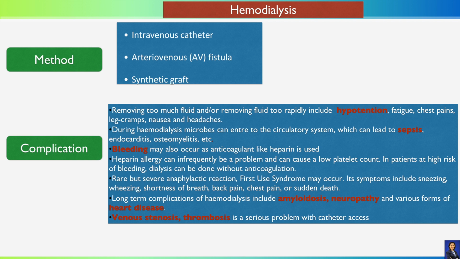Bleeding can happen because we use heparin during hemodialysis. Long-term complications of hemodialysis can be amyloidosis, neuropathy, or heart diseases. And if the patient has a fistula or graft in the hand, this can be complicated by venous stenosis or venous thrombosis.